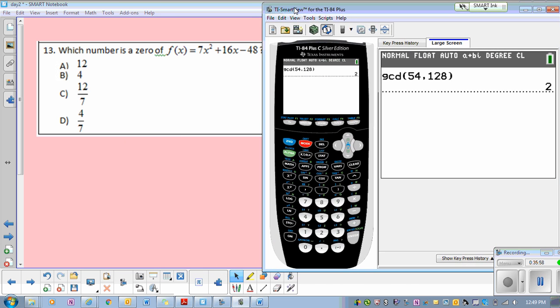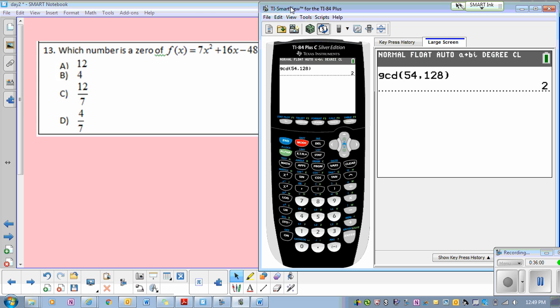So here's my other way. It's just because I don't want to factor. Look at all the stuff I have to do if I don't want to factor. I have to do 12 over 7, okay? Store it for x.